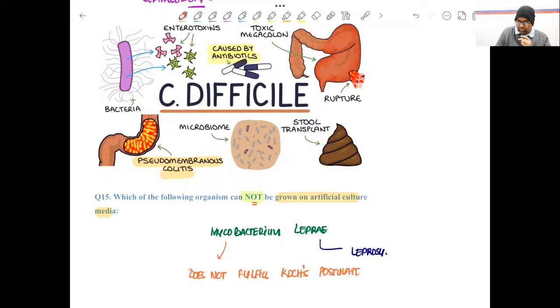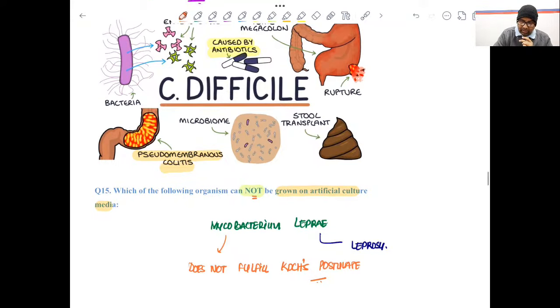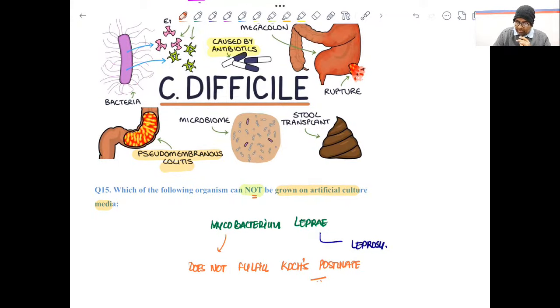Clear? So this is the one which does not fulfill Koch's postulate, and it can be maintained on foot pad of mice or 9-banded armadillo. Clear? So it can be maintained on 9-banded armadillo or foot pad of mice, right?